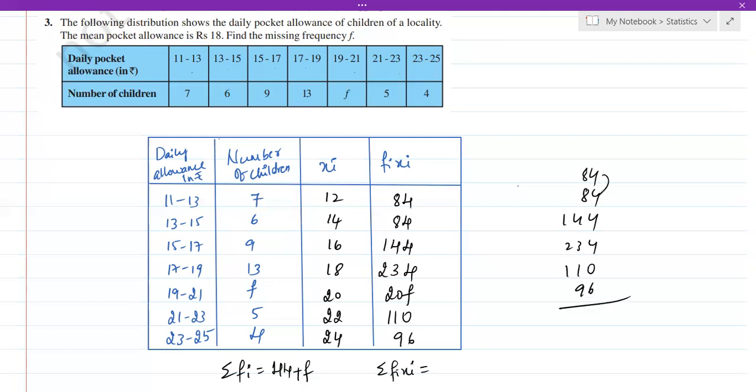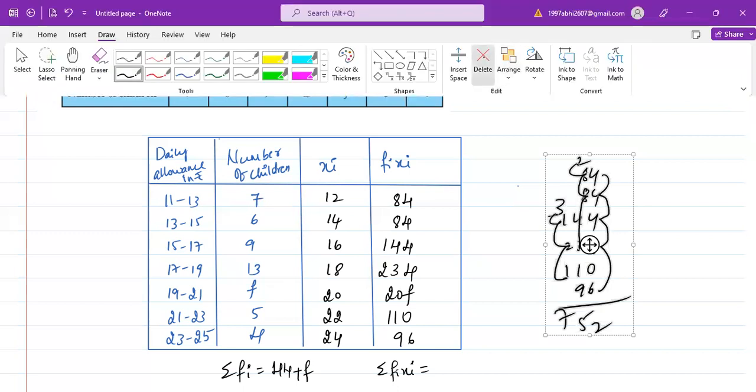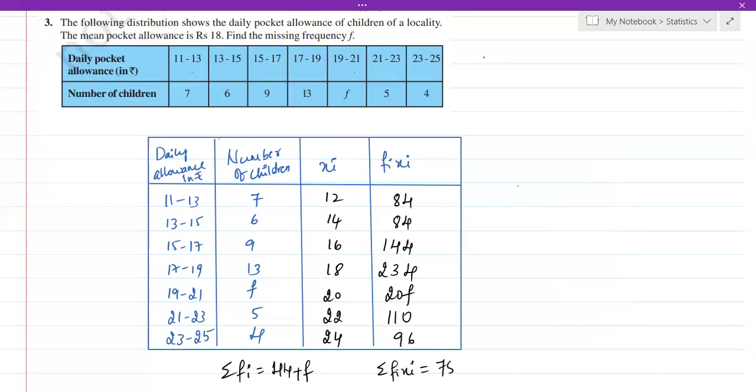So let's add it. We get 752. So 752 plus 20f.